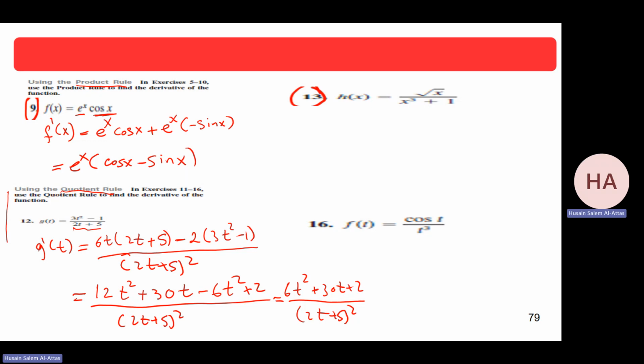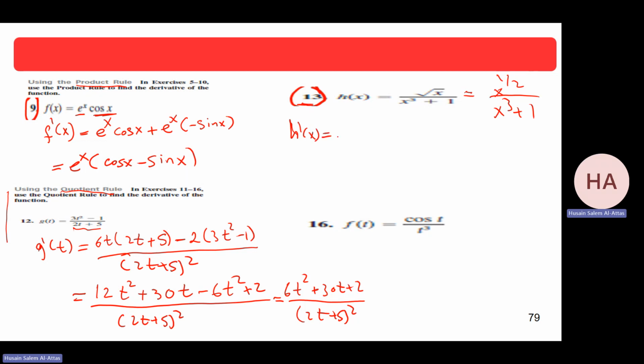Now another problem, this is number 13, which is the same thing. Now I need to find the derivative. Before that, I can rewrite this as x to the power half, since it's easy to deal with the powers. X to the power half over x cubed plus 1. Now let us do the formula.